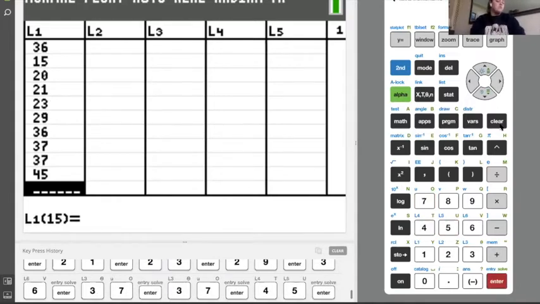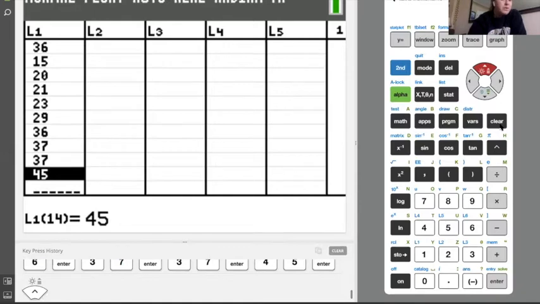Okay, so if you see at the bottom, it says L1 15. And so that means that we have 14 data points. Let's just double check. 1, 2, 3, 4, 5, 6, 7, 8, 9, 10, 11, 12, 13, 14 data points. So I know that I have the right points.